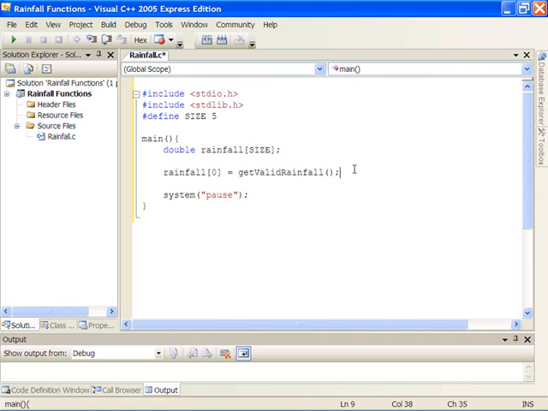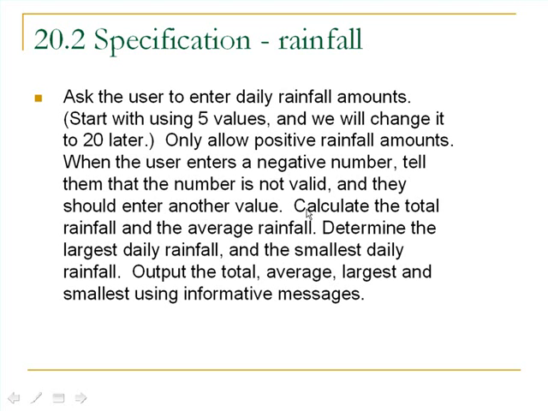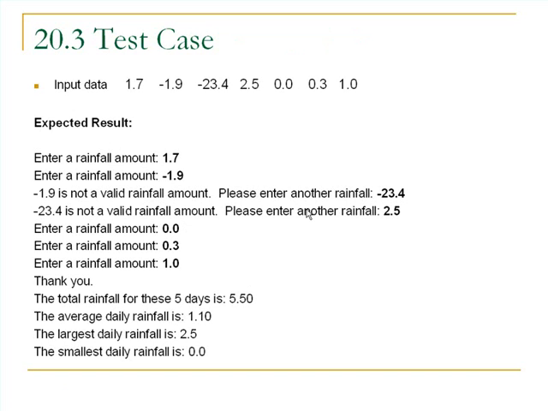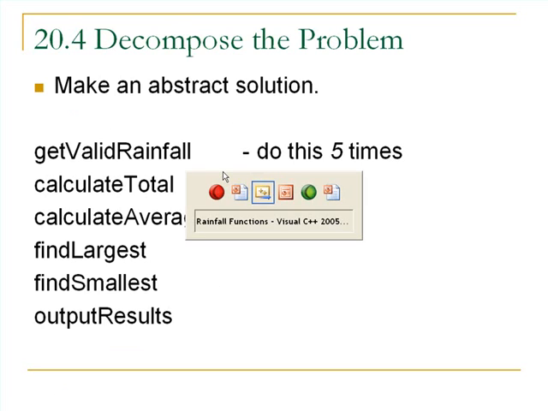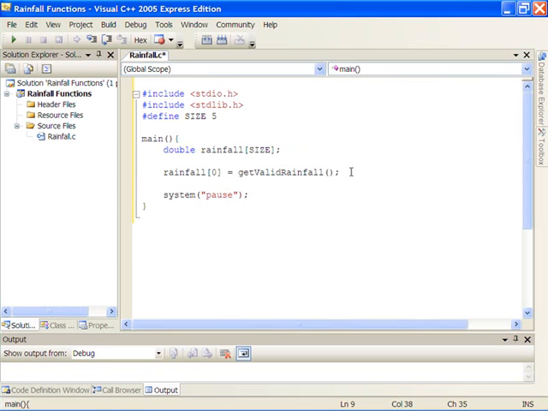So there's a function call whose job is to go out and get a rainfall amount from the user and return it so that it can be stored in the array. Yes, there's the function name I had decided on, get valid rainfall, and that gets one value from the user. So let's go back and implement that function.